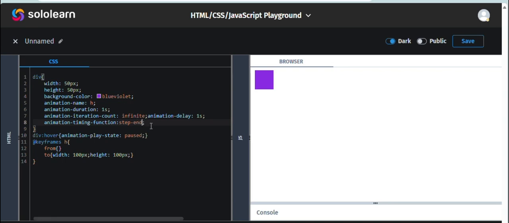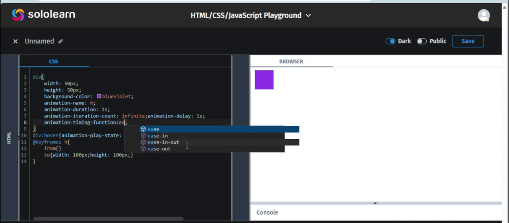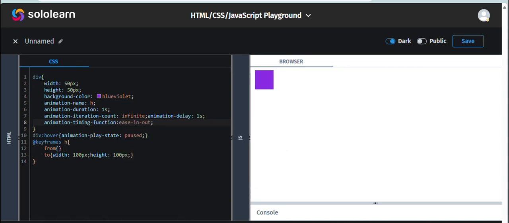Maybe there's not step end, but I thought there was. But never mind. Just have a look at ease in and out. You can sort of see it.